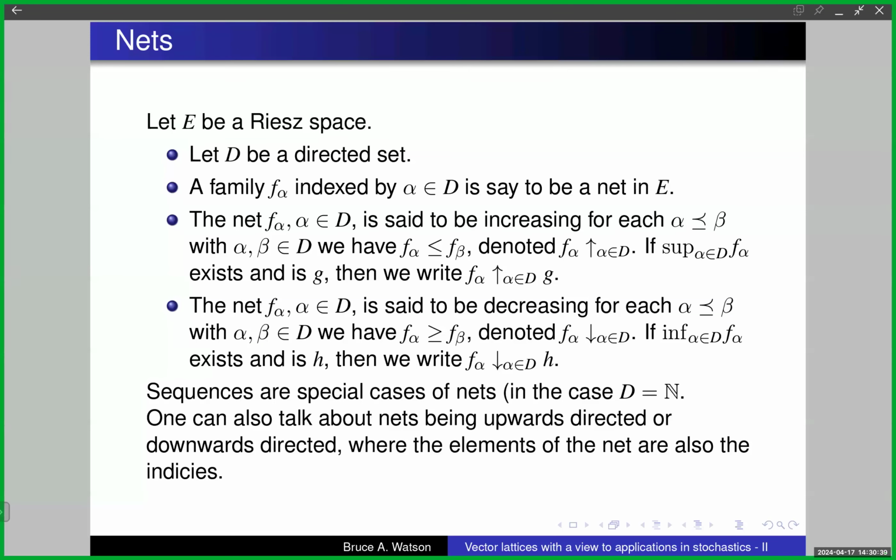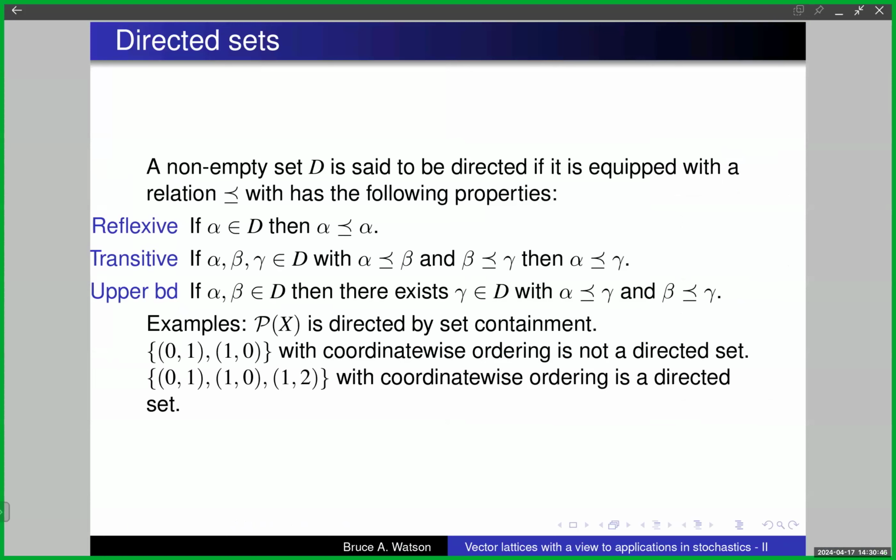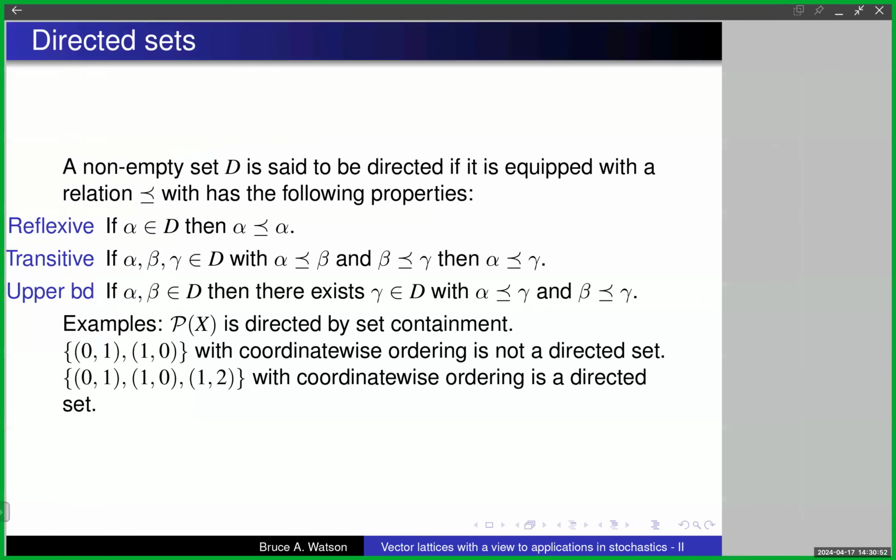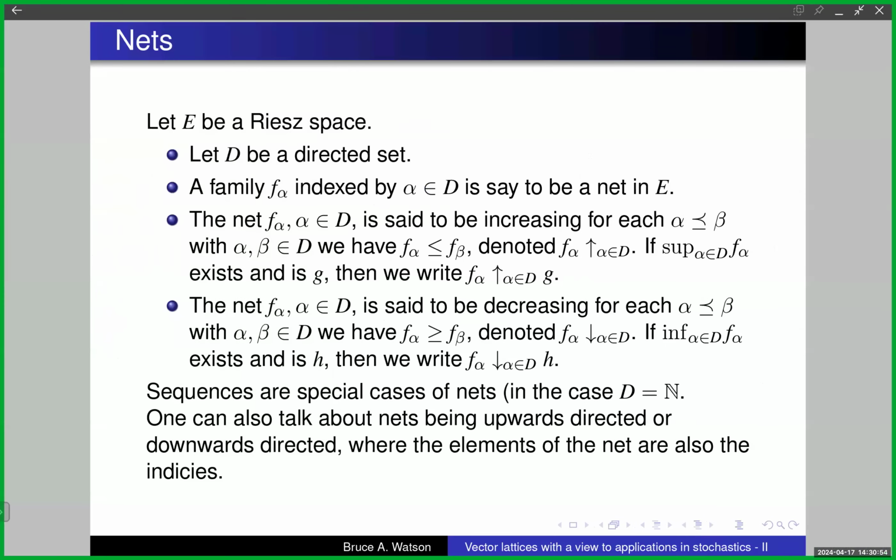And they need to be directed upwards or downwards. If we look at directed sets, on this slide here, this is upward directed. And if we reverse that ordering, it would be downward directed, where we've replaced that ordering by the partial ordering on our respace.